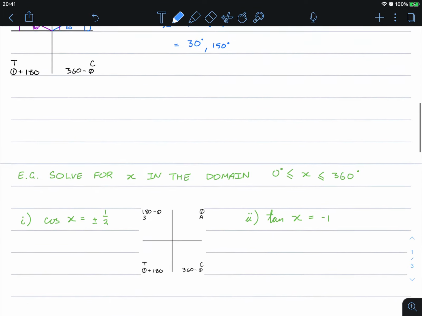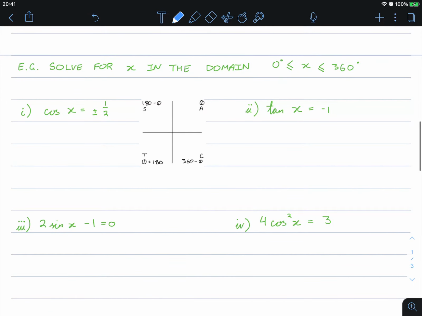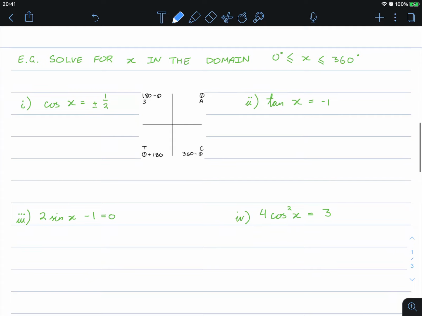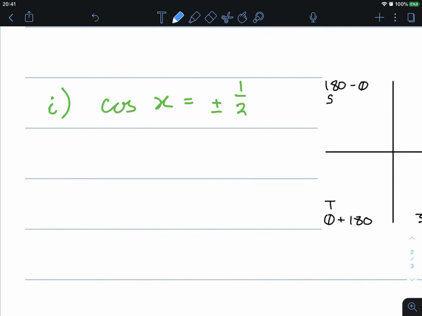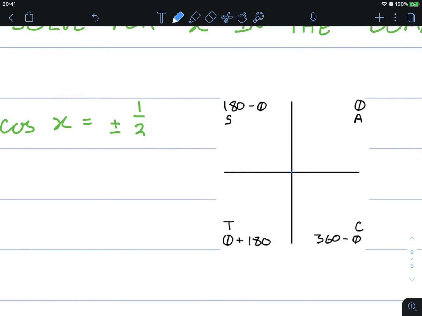Here we go. So let's solve for x in the domain 0 degrees to 360 degrees. Cos of x equals plus or minus half. Well, to solve this, let's just treat this as positive half first to find the answer in the first quadrant, whatever it might be here in the first quadrant.